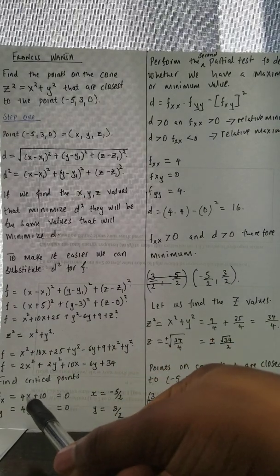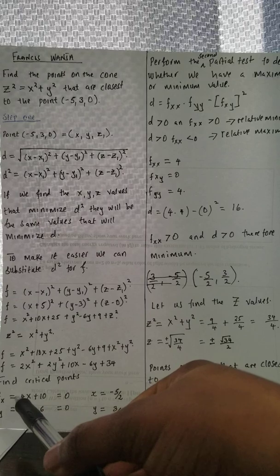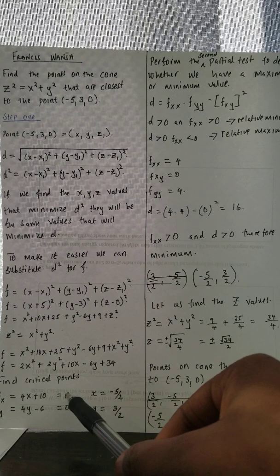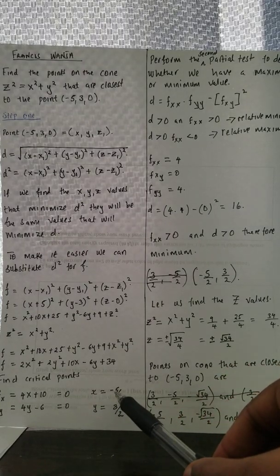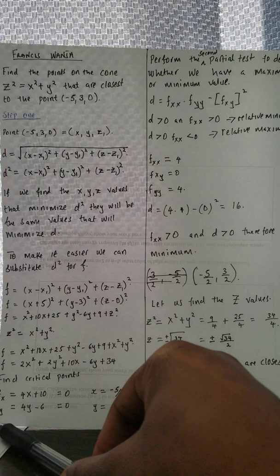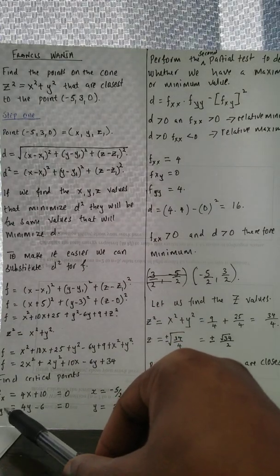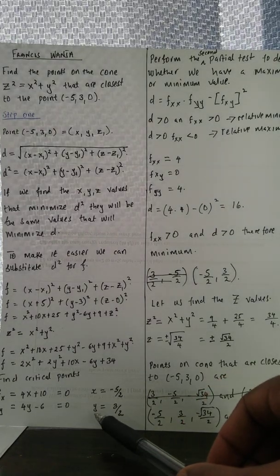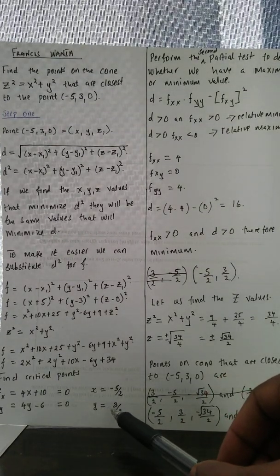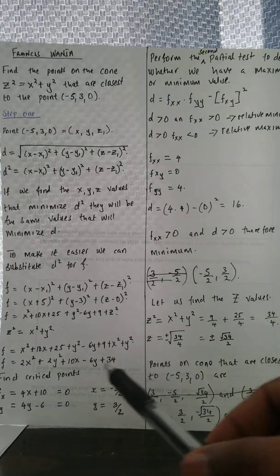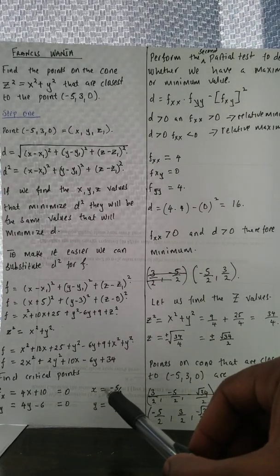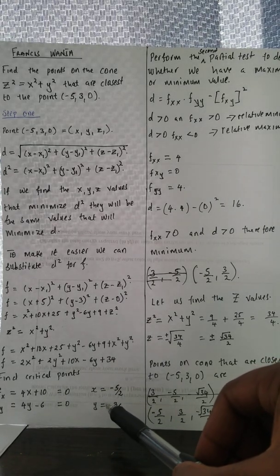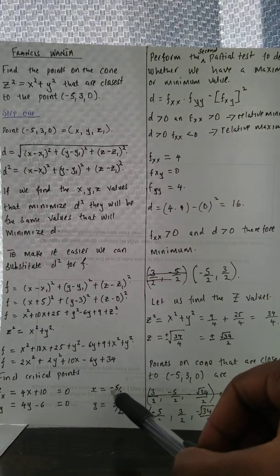We get fx equals 4x plus 10, which equals 0, so x is -5/2. The partial derivative with respect to y is 4y minus 6, which equals 0, and we get y equals 3/2. So our critical point is x equals -5/2 and y equals 3/2.